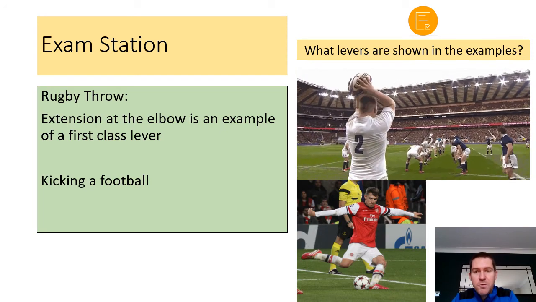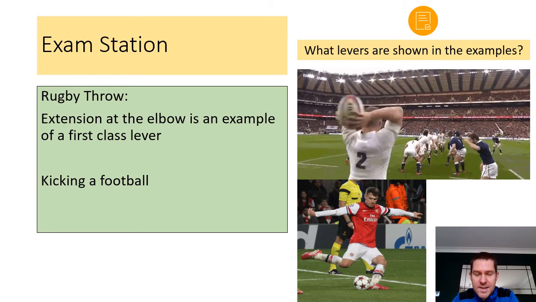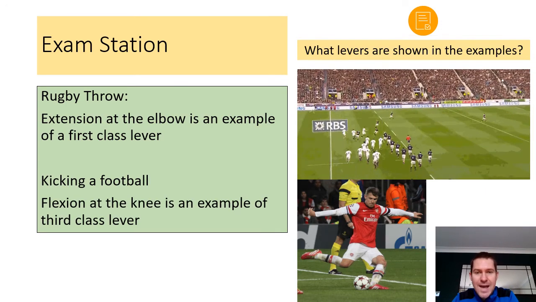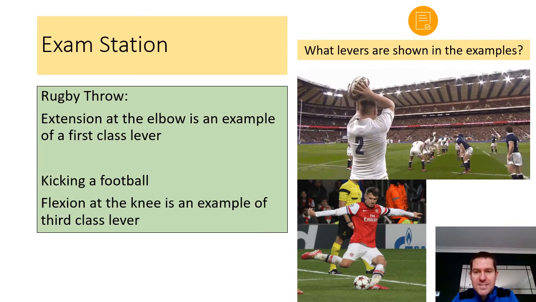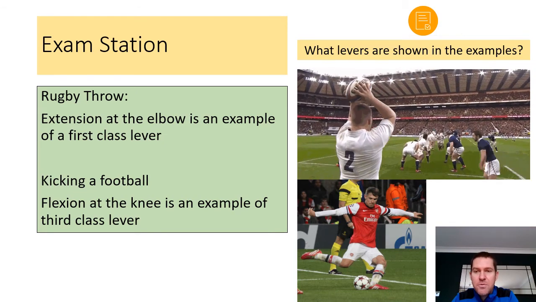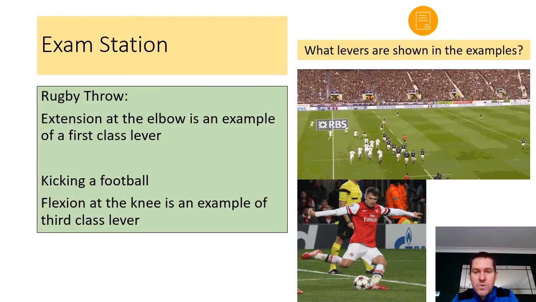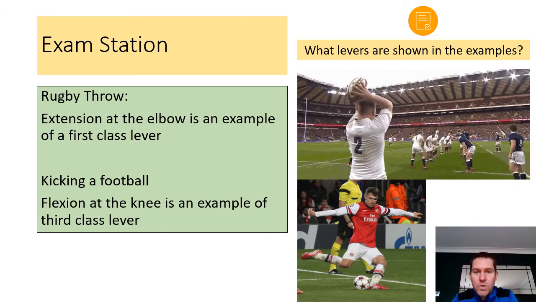When we look at kicking a football, so this example here, in terms of that flexion stage, for example, at the knee, this is an example of a third class lever. So again, if we think to ourselves, well, what muscle is actually working here?